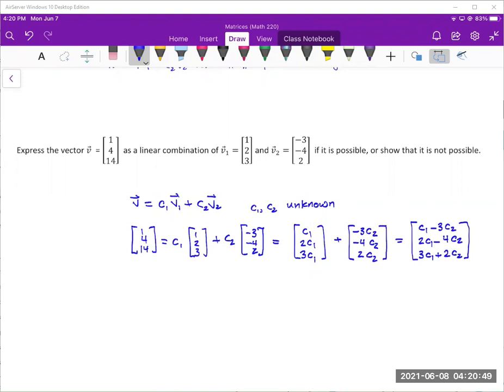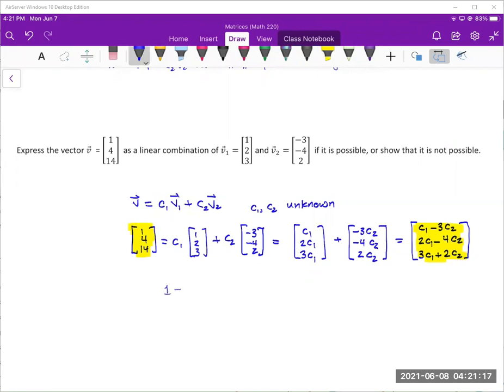We want to know if this equality holds. So if these vectors are going to be equal, that means that their first entries have to be equal. We want to know whether the vector v is equal to this sum of vectors on the right-hand side. To question equality, we need to know that the first entries are equal.